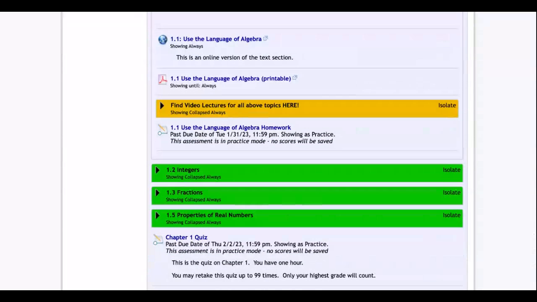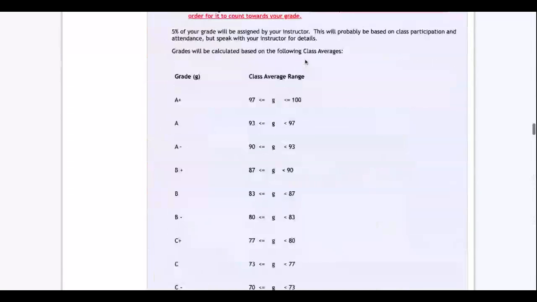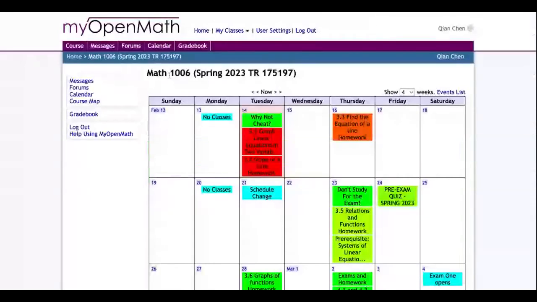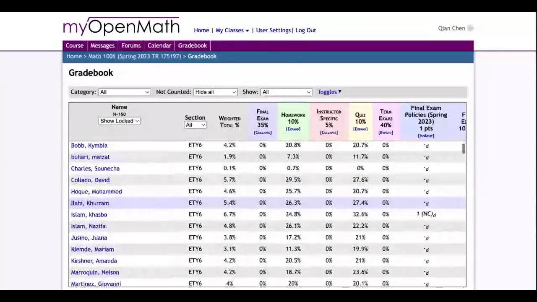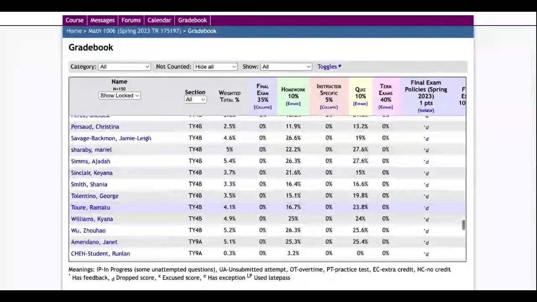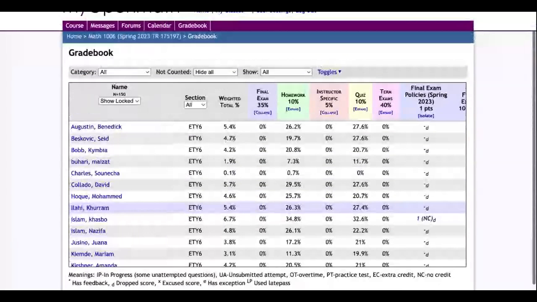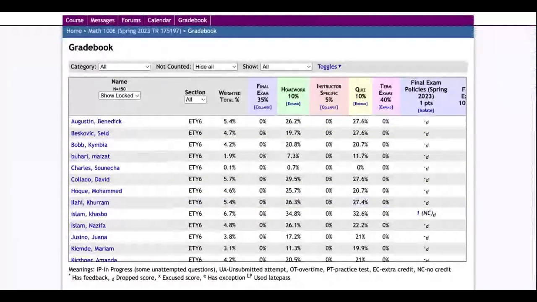And I'm going to check this. I think many students not belonging to our class showed up on my gradebook. I have more than 40 students. Let me see.